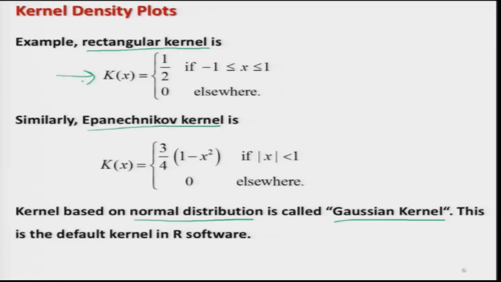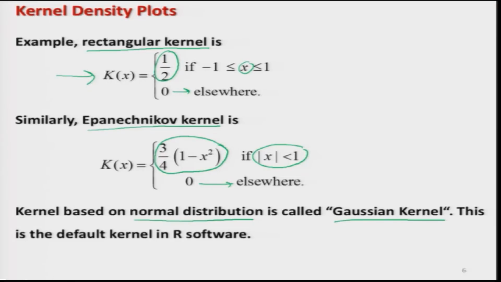This rectangular kernel is defined as a function which takes the value 1 upon 2 if the value of x lies between -1 and +1, else it takes the value 0. Similarly, the Epanechnikov kernel takes the value 3 upon 4 into (1 minus x square) if the absolute value of x is smaller than 1, and 0 in all other places.